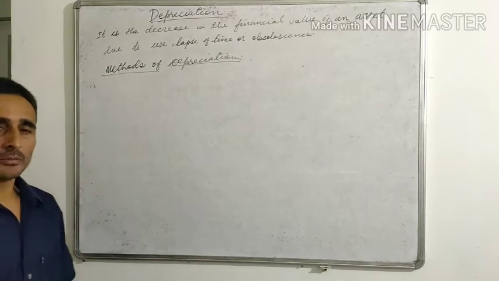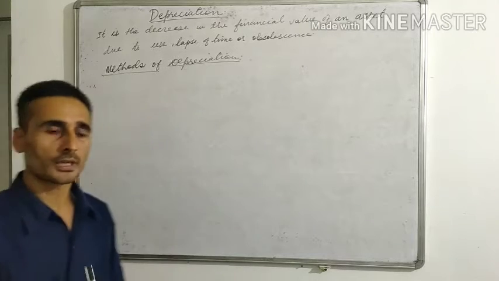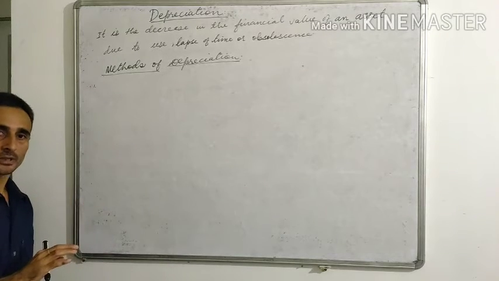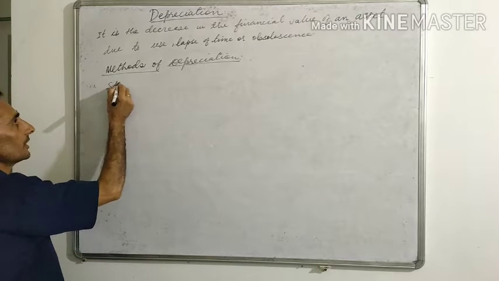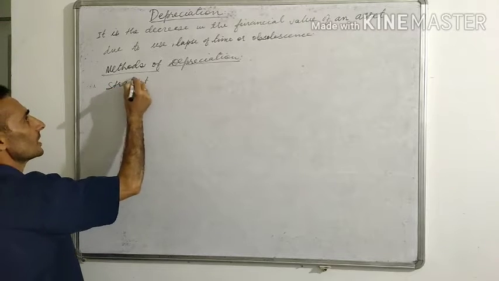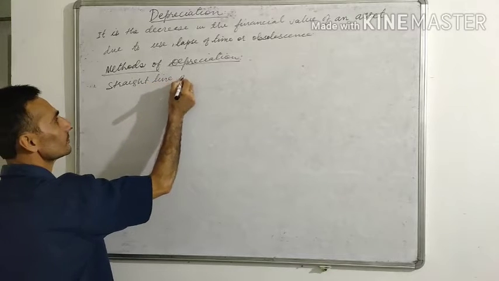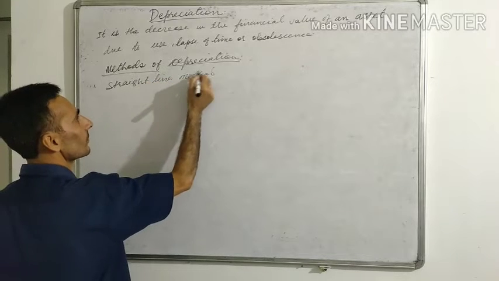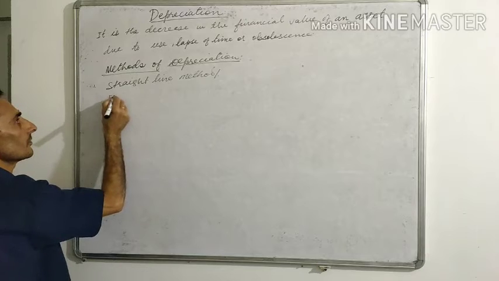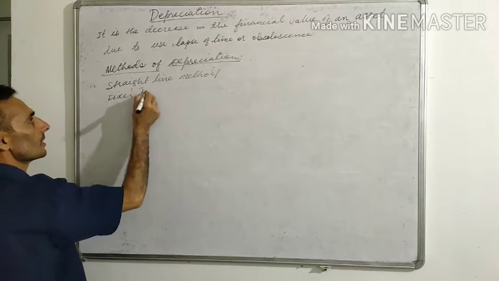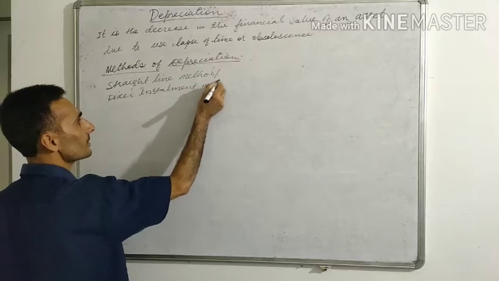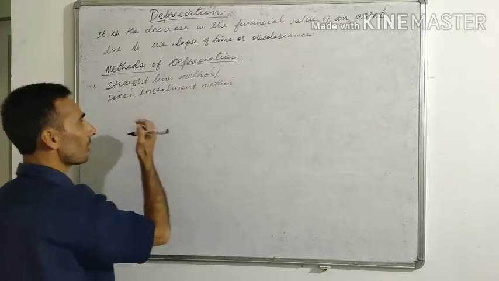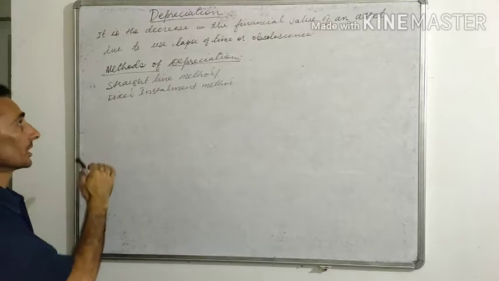See, there are several methods of depreciation, but here I'll explain only 2 methods which are there in the syllabus, and these are straight line method, which is also known as fixed installment method, or also known as original cost method.